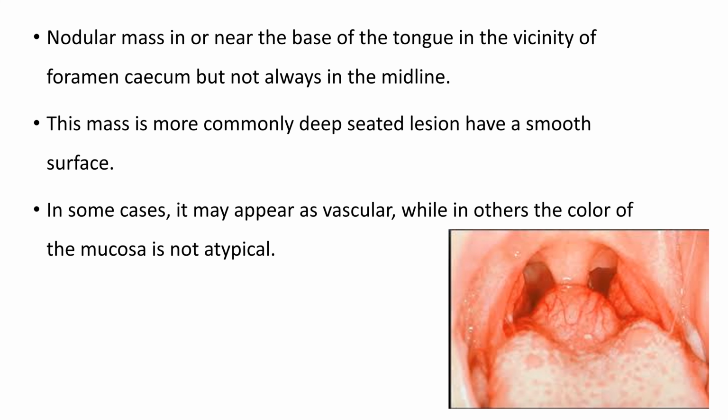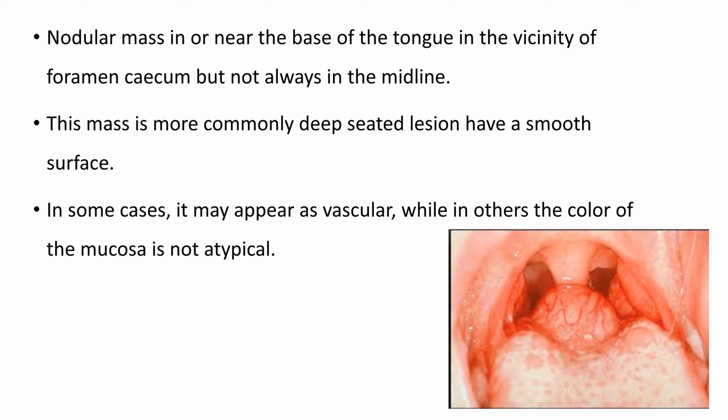These lingual thyroids are deeply situated and have a smooth surface. In some cases, it may appear vascular and more red in color, while in others the color of the mucosa is not atypical.